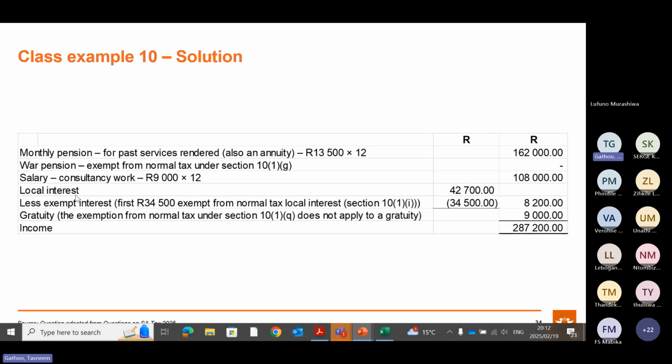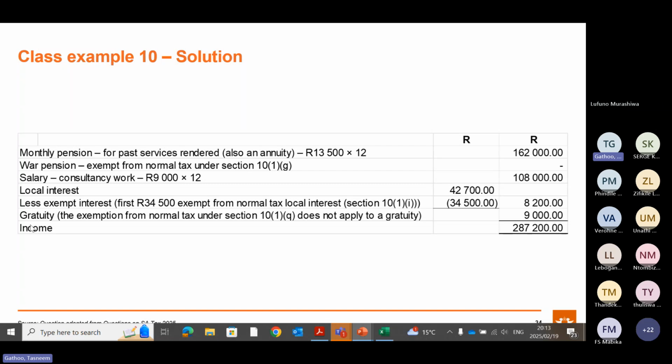And then the local interest, he received 42,700, but the exemption is limited to 34,500 because he's over the age of 65. The total inclusion into his income is then the 42,700 minus the 34,500, so the inclusion is 8,200.